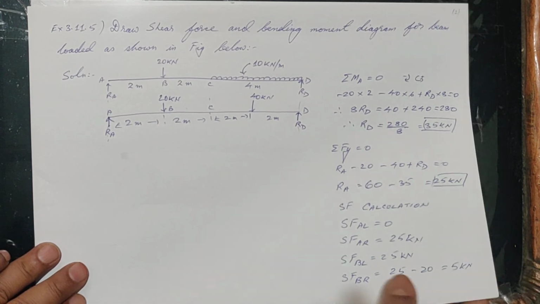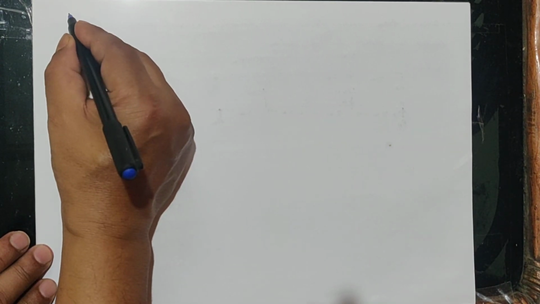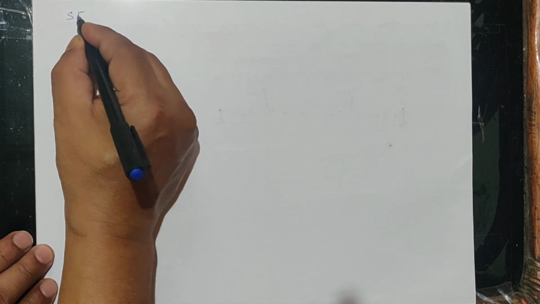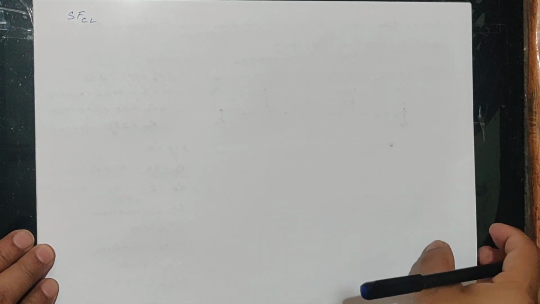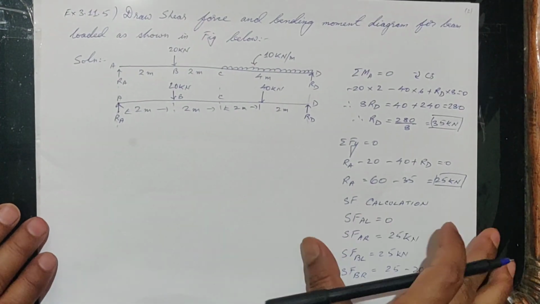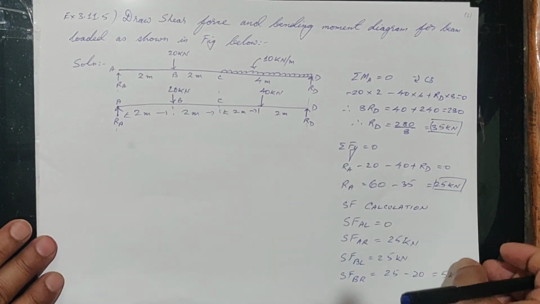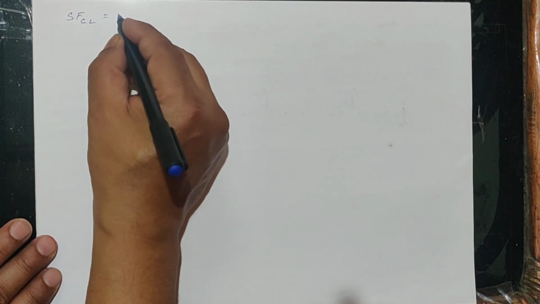Now we will take up SF at C. SF at C left, left hand side. Till left hand side of C, this force is continuing, so we will have 5 kilonewton only.